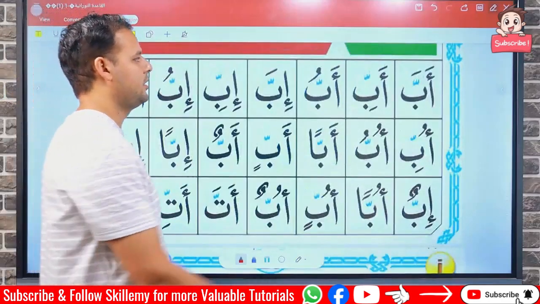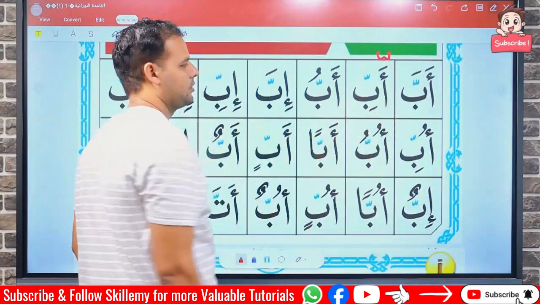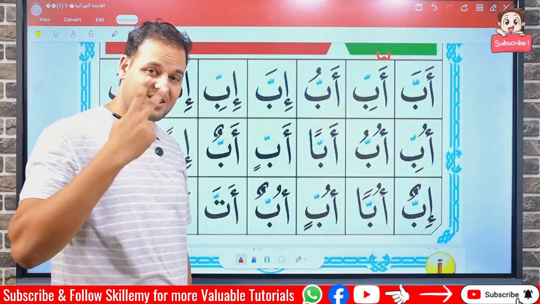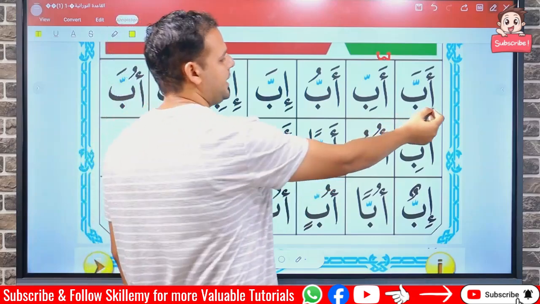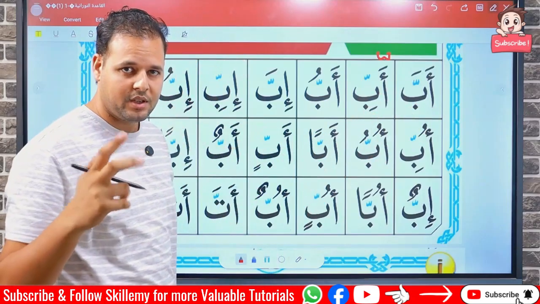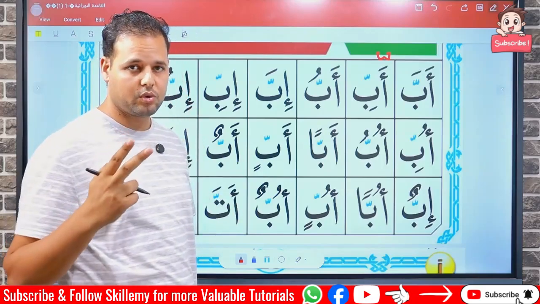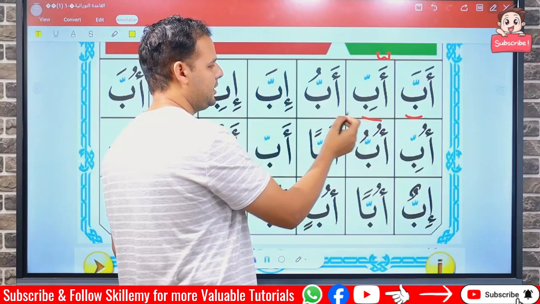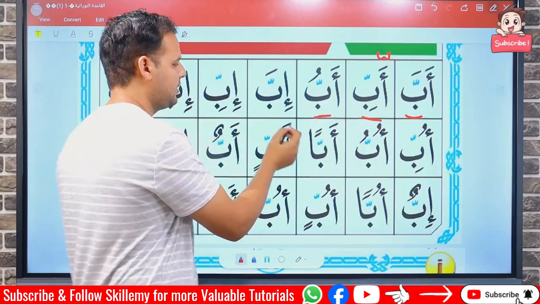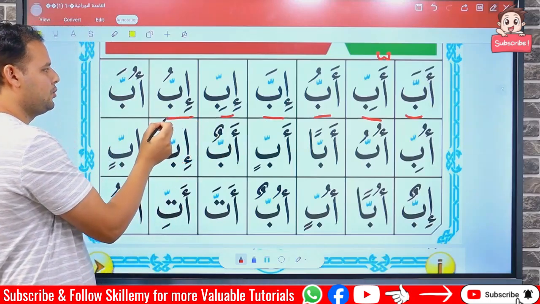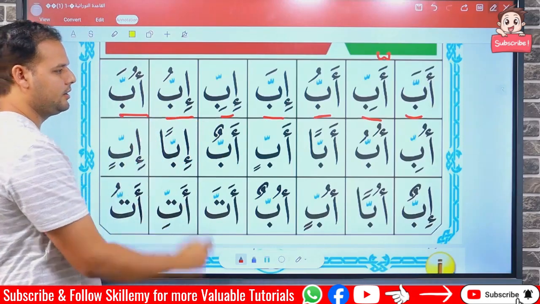It's called shadda, or the small w. Okay, this means that this letter is two letters. It's not one letter. It's double letters. So it's not aba, it's aba, ba. But instead of writing two of them, we write one and we pronounce two. So it's going to be abba, abbi, abbu, ibba, ibbi, ibbu.